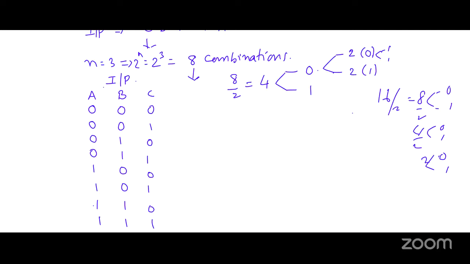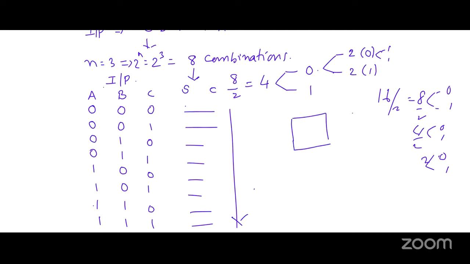Next, you will get the sum and carry that you need to work out. So what are the sum values for these input values? What are the carry values? You need to write. Okay, that means full adder. How many inputs are there?